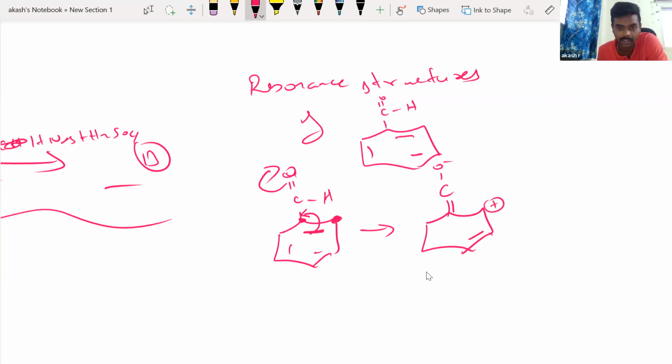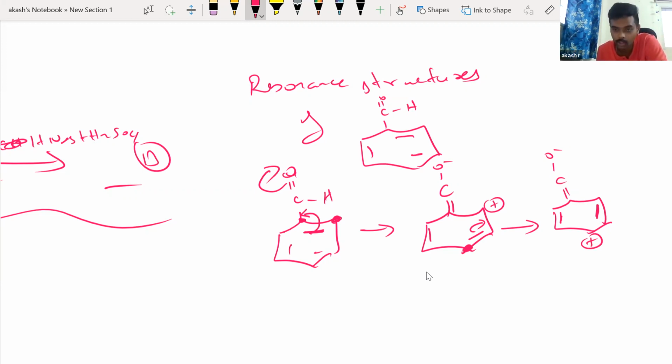Okay, right. The other things stay as such. Next, we can shift the double bond here. Now shift the double bond there. So now we have CO minus, and there's a double bond here. This carbon has lost an electron, so you put a positive charge there, and another bond is there.